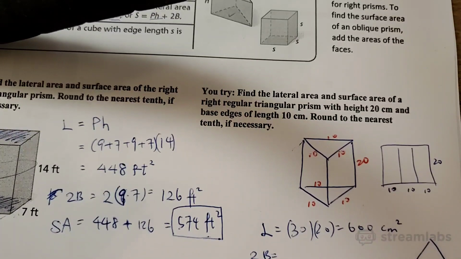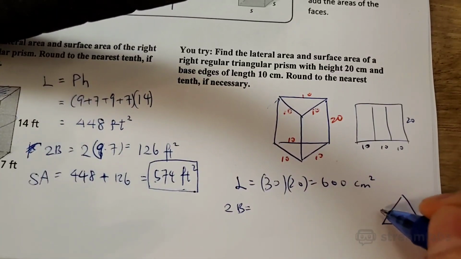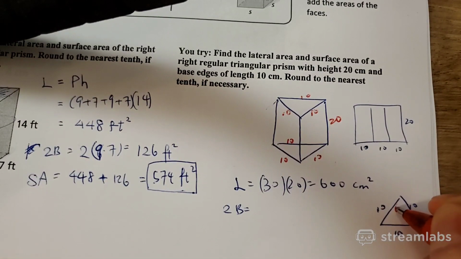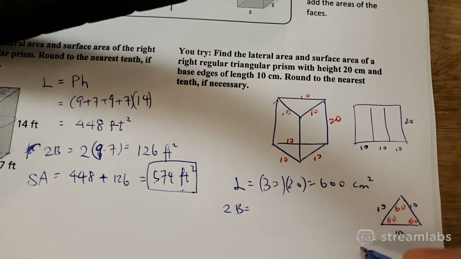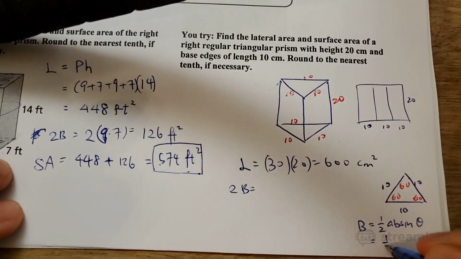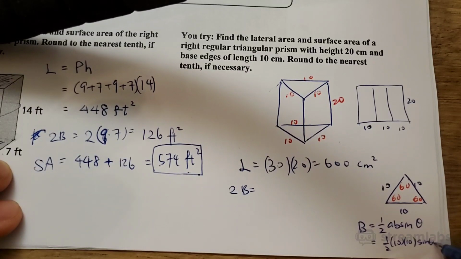Your two bases is going to be based on this, okay? Equilateral triangle with length 10. Okay, that's what it's based on. So I'm gonna use the method that we use to calculate area of a triangle because I know these are 60 degrees. So that means the area of this base is going to be 1/2 AB sine C, or sine theta, which is 1/2 10, 10 sine 60.